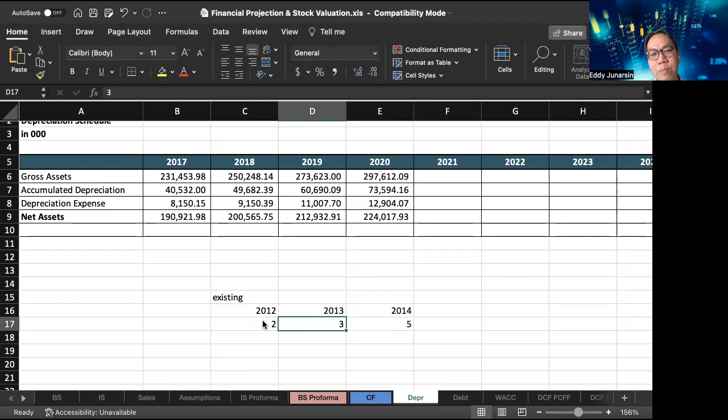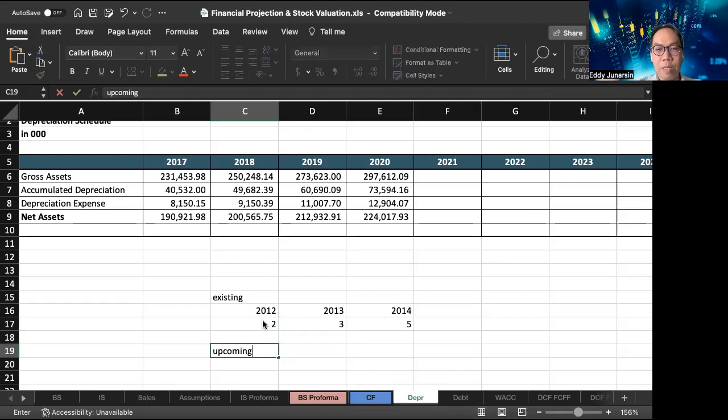So the real process would require the details of the fixed assets that the company or the project has. So we have existing ones, and then we have the upcoming or planned purchases of fixed assets.